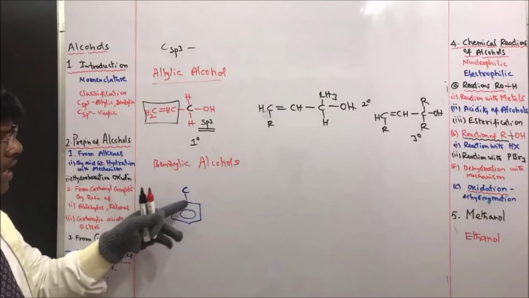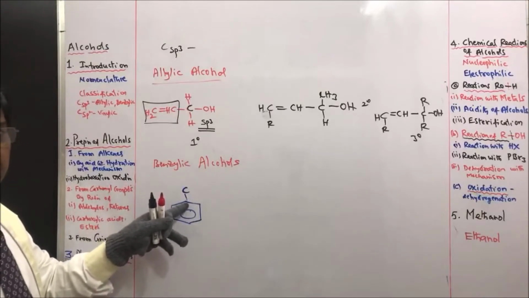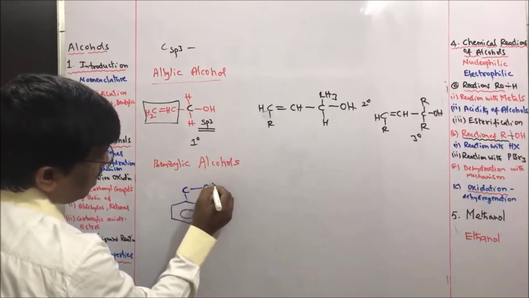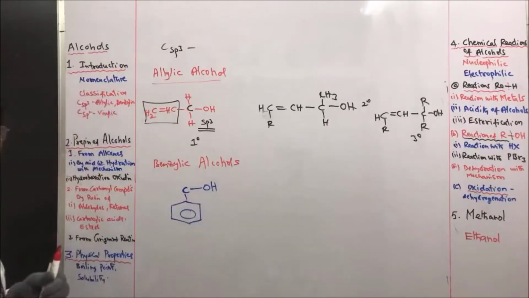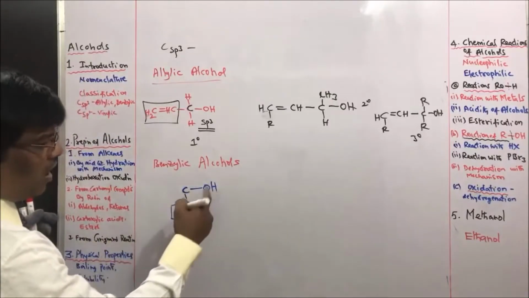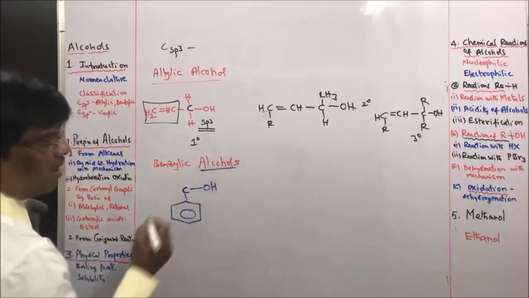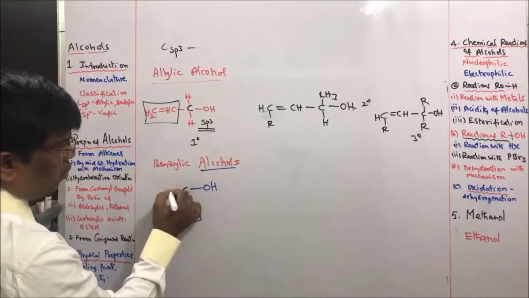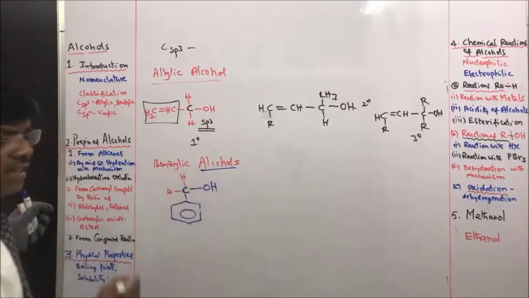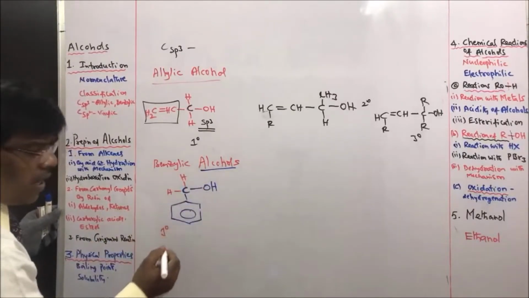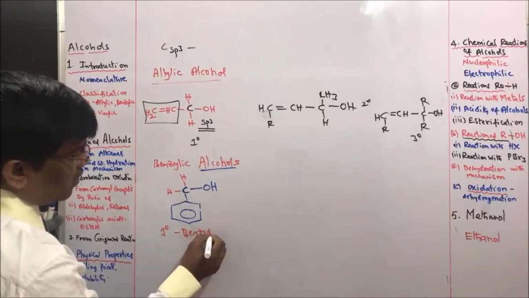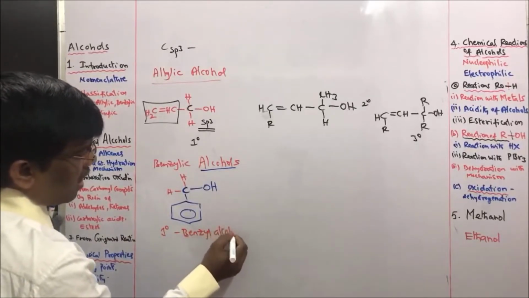The carbon directly attached to the benzene ring is known as the benzylic carbon. If this carbon has a hydroxy group, it is known as benzyl alcohol or benzylic alcohol. If the remaining two positions are hydrogen, then it is a primary benzyl alcohol or benzylic alcohol. The common name of this is benzyl alcohol.